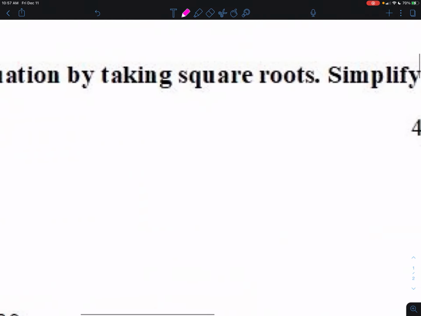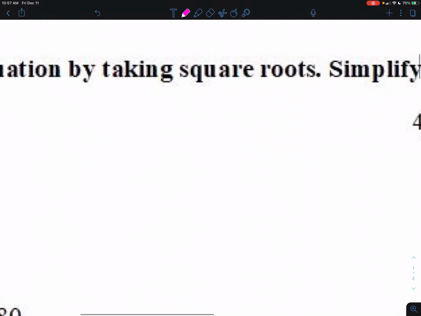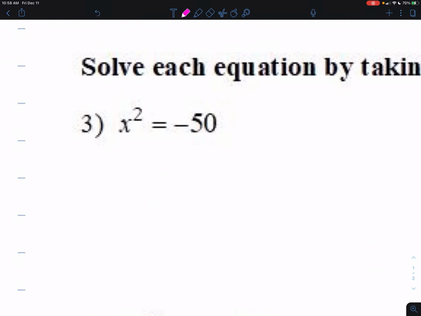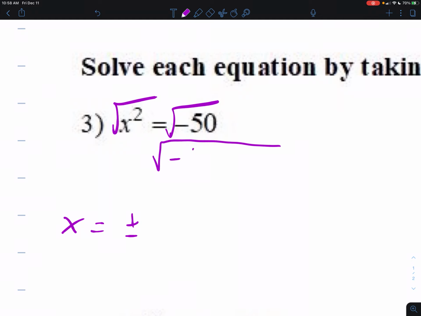Number 3, solve each by taking square roots and then simplify your answer completely. Our x squared is already by itself, so we can just take the square root and we get x equals plus or minus. Now we need to simplify this. The square root of negative 50, we can break that up into negative 1 times 50.